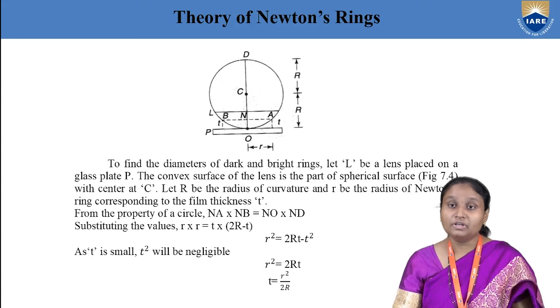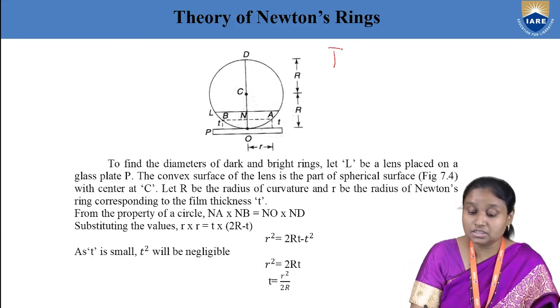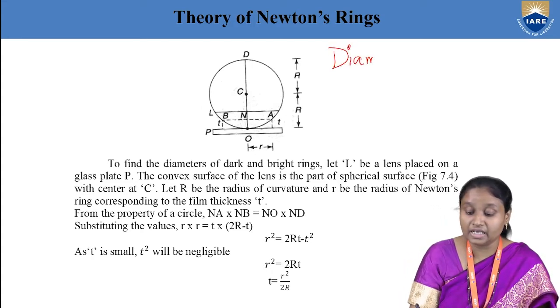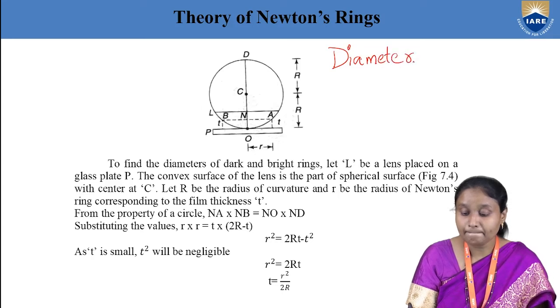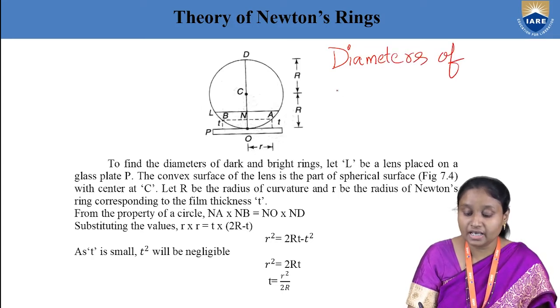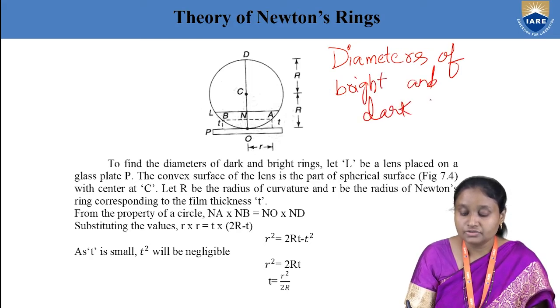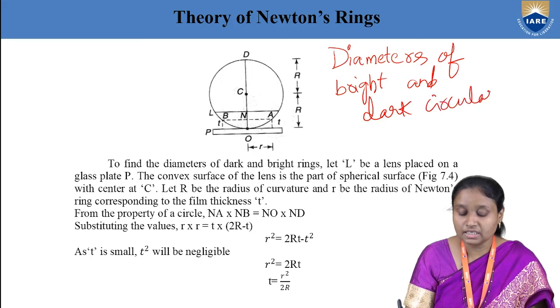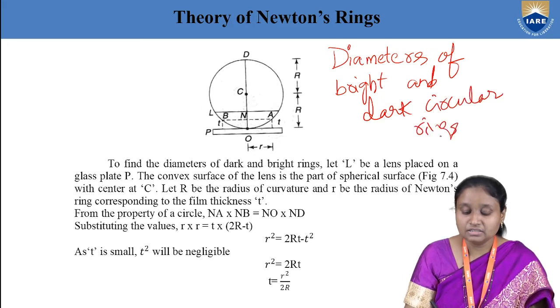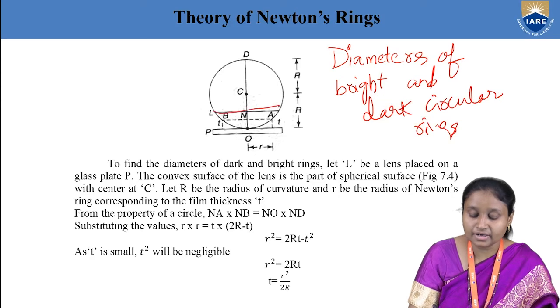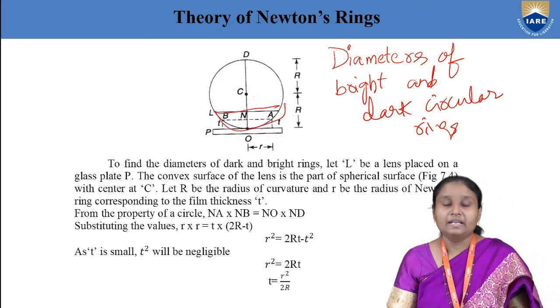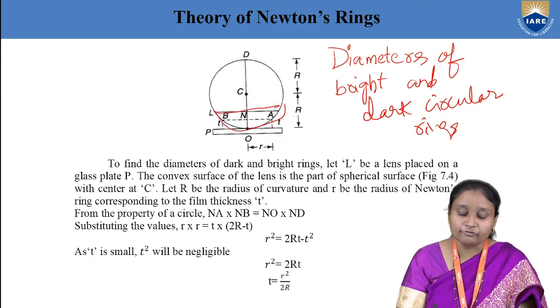Now our intention is to find the diameters of bright and dark circular rings. For that, as you can see here, suppose this is our plano convex lens, and I have extended this lens so that it forms a circle.